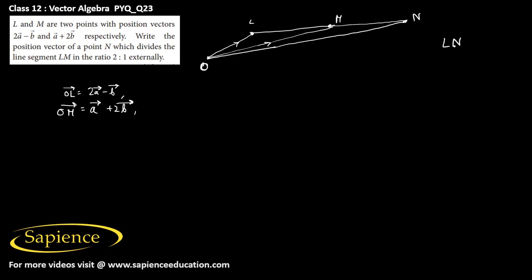So it means that LN is to NM is equal to 2:1. That should be equal to actually minus 2:1, since that is external division.